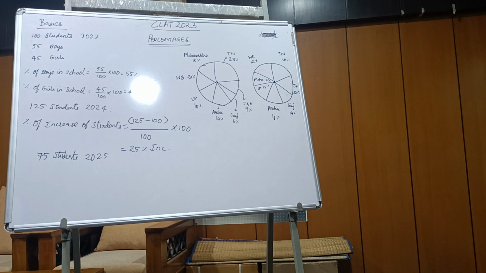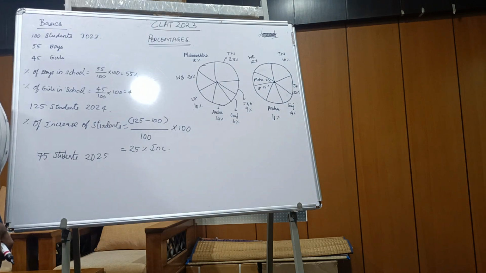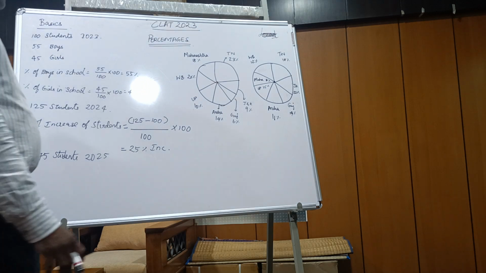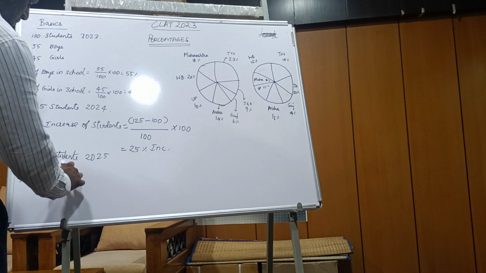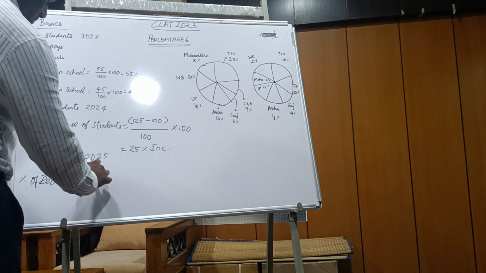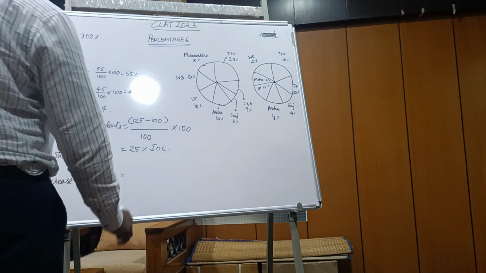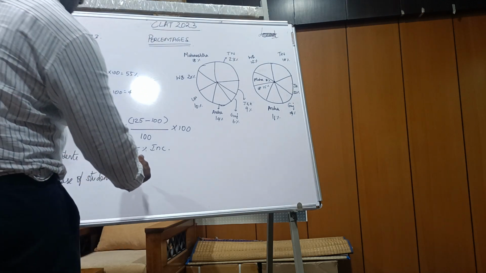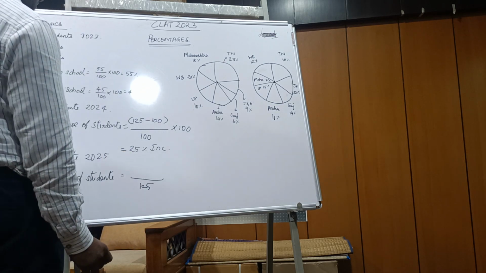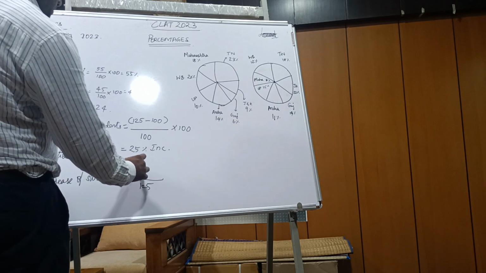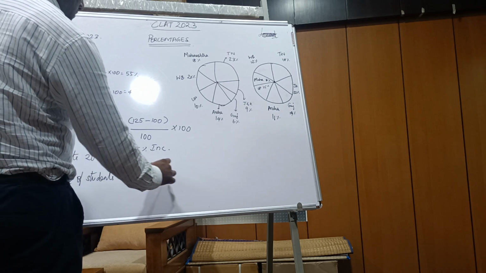If I ask you what is the percentage decrease of students from 2024 to 2025, here also we take the previous year as the denominator, and we say 125 minus 75 into 100.